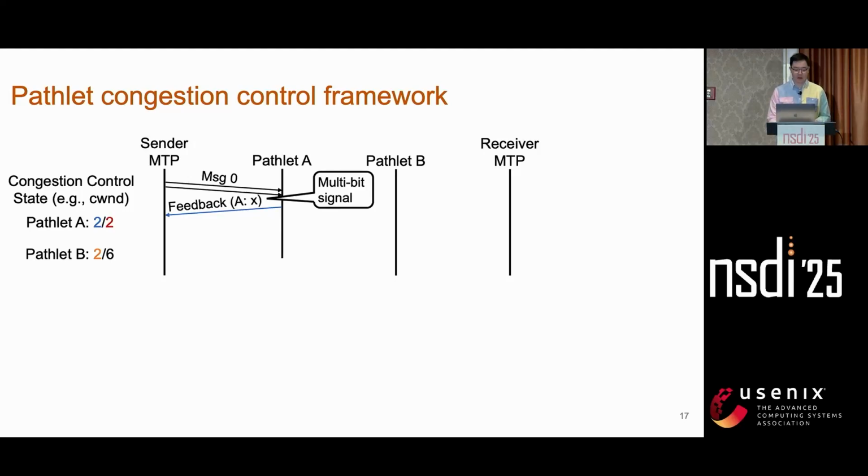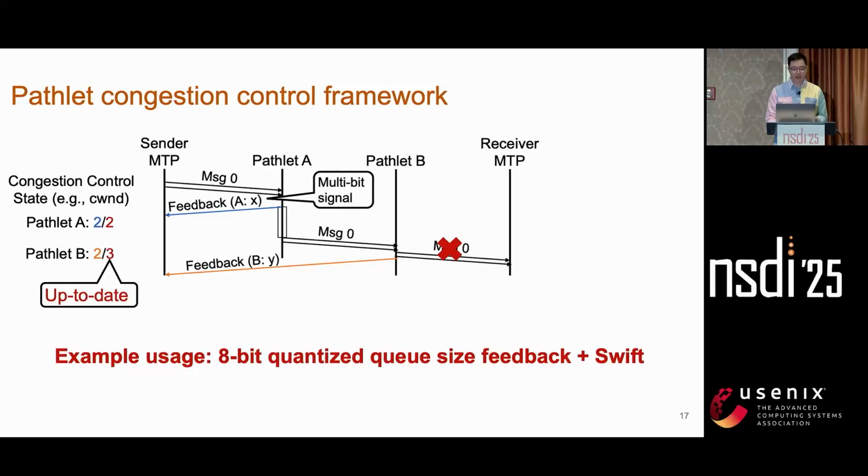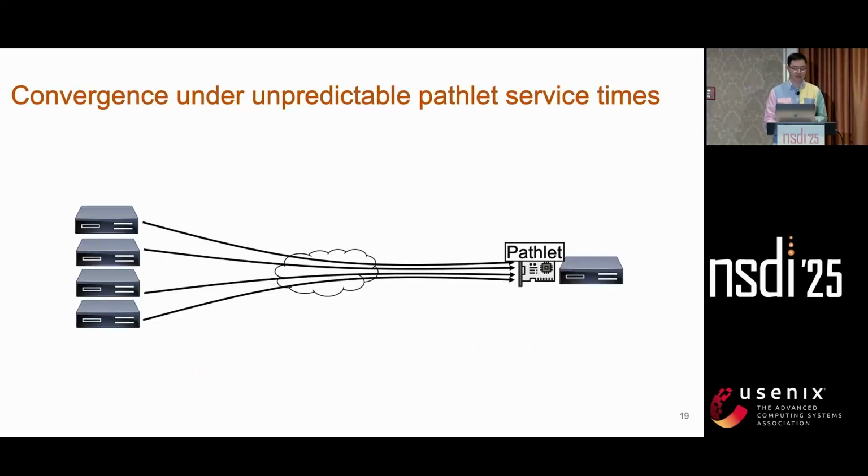This makes sure the congestion signal arrives at the sender and the congestion state can be updated in a timely manner, whether or not that pathlet delays the message or the message is later dropped. As an example of how this framework can be used, we quantize the queue occupancy of the pathlet into 8 bits and use the SWIFT algorithm to consume the feedback and maintain the queue occupancy at a moderate level.